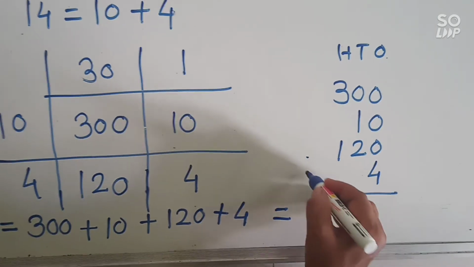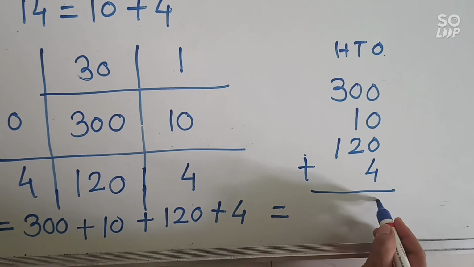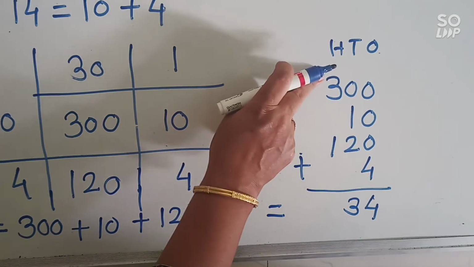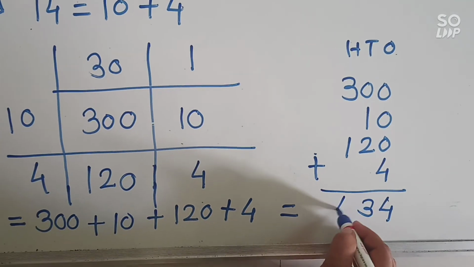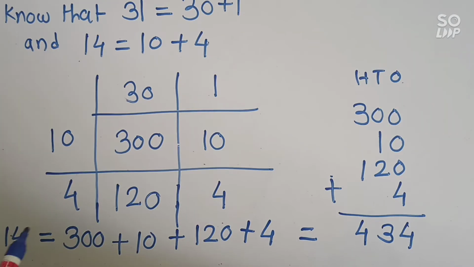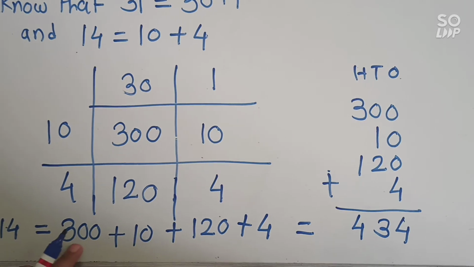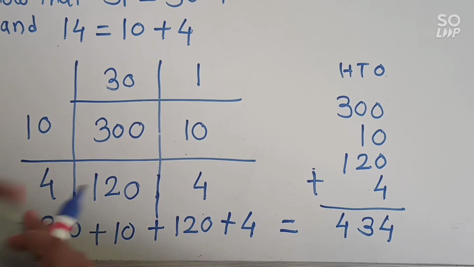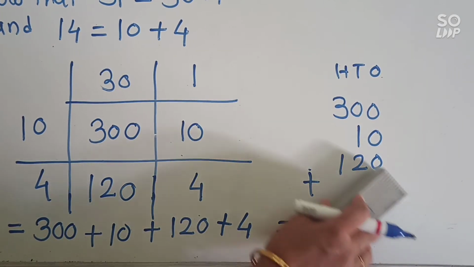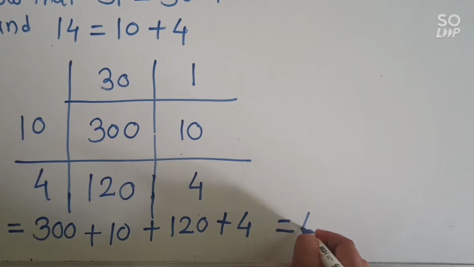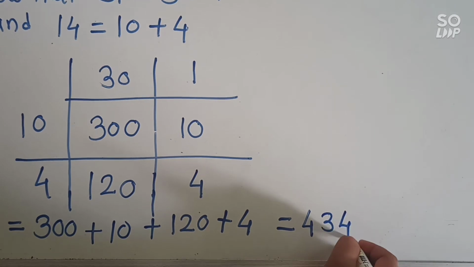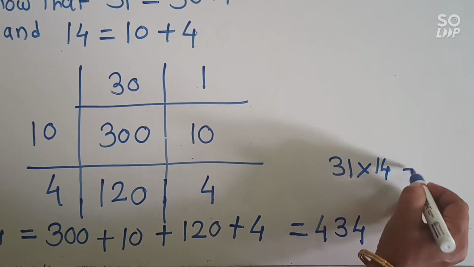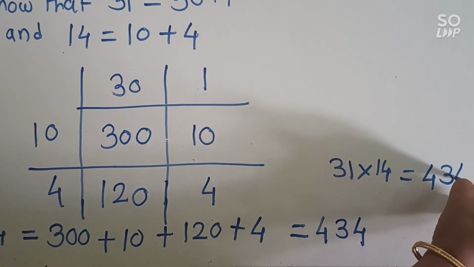And this addition, ones place 4, tens place 1 plus 2 is 3, and 100 plus 3 plus 1 is 4. Okay, means 300 plus 10 plus 120 plus 4 is equal to 434. So write here 434, means 31 multiplied by 14 is equal to 434.